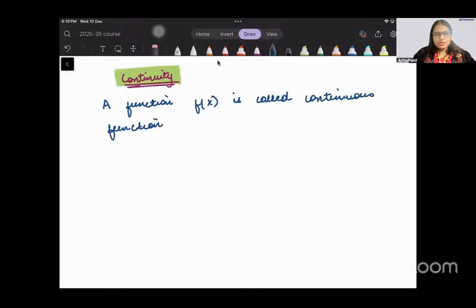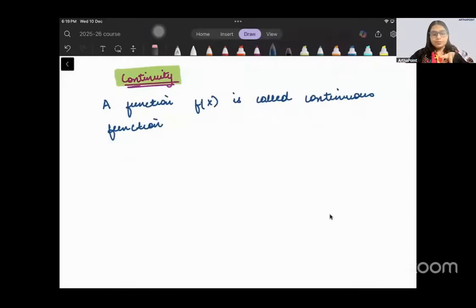In general terms, it's called continuous function if there is no jump, if there is no break, right? Then we go ahead and we call a function a continuous function. No jump, no break. You pick up a pen and you continue drawing. You don't have to pick up your pen back. These are the informal definitions of continuity.